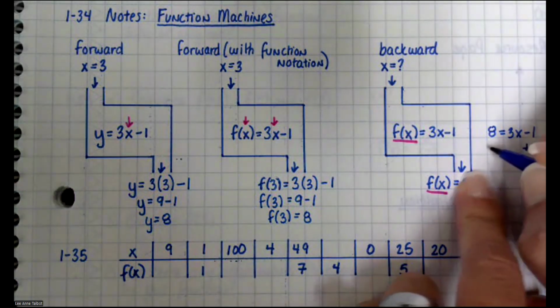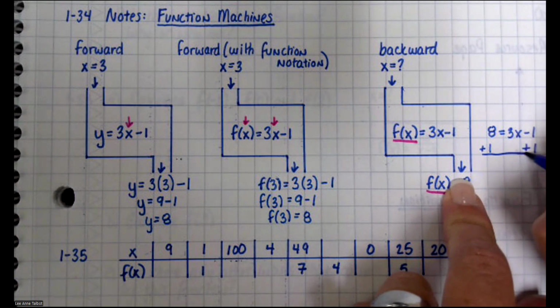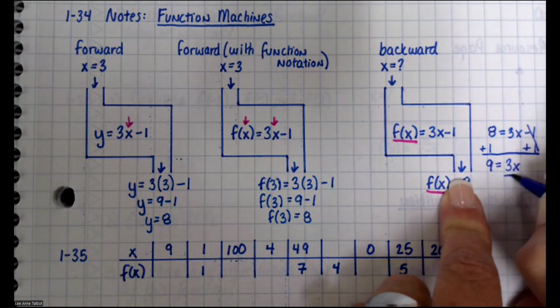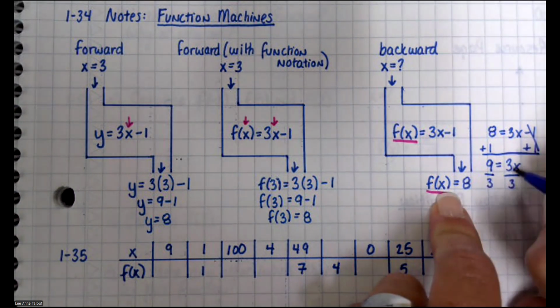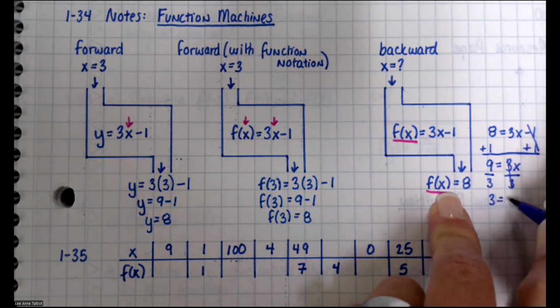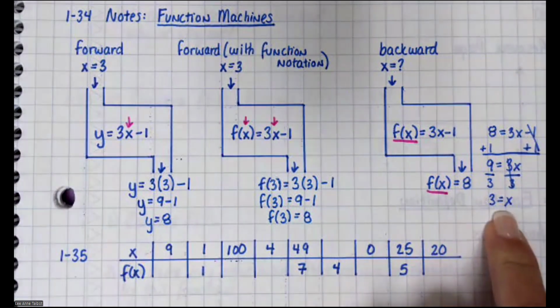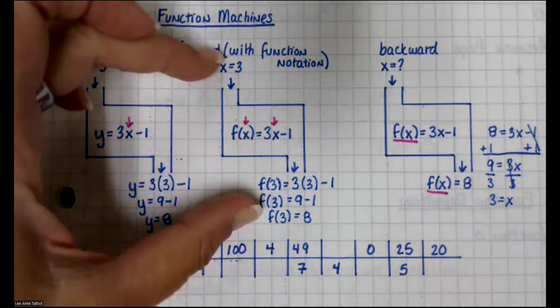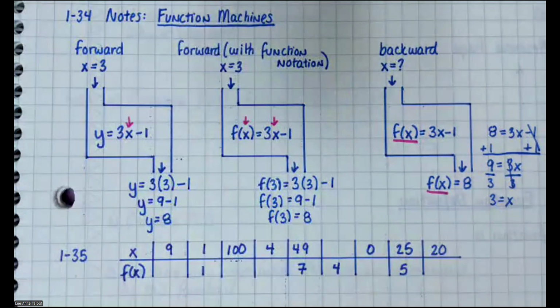Add 1 to both sides. And there's my input of 3. So there's your forward with function notation, and backward. And we're going to practice this again in number 36.